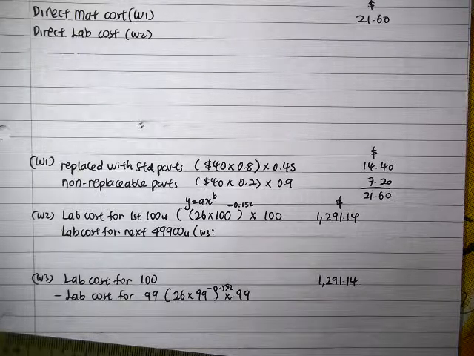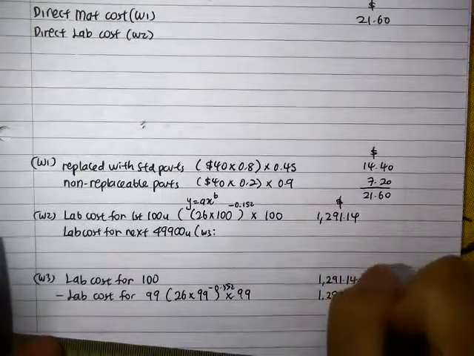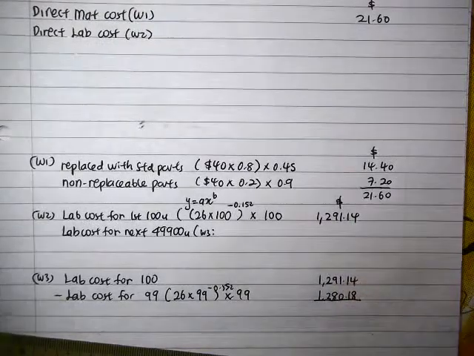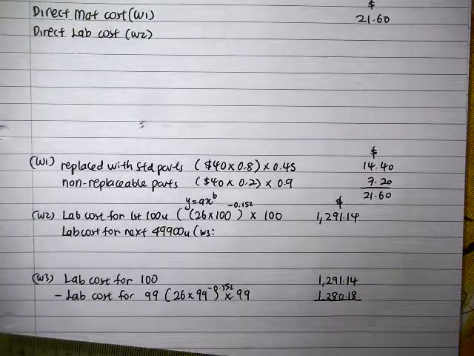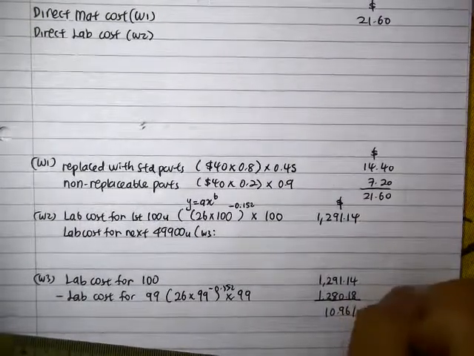So that's 12.9311, times 99, which gives me 1280.18. So it comes to about 10.96 per unit.